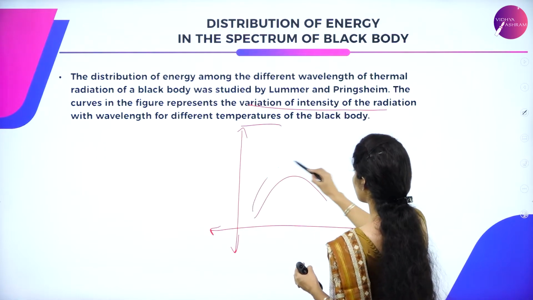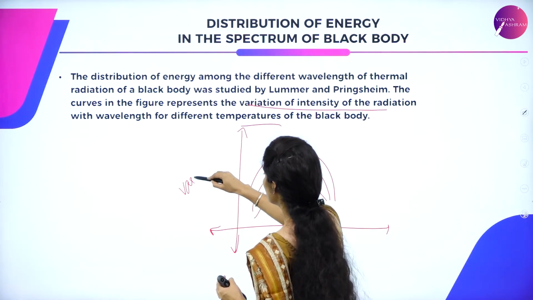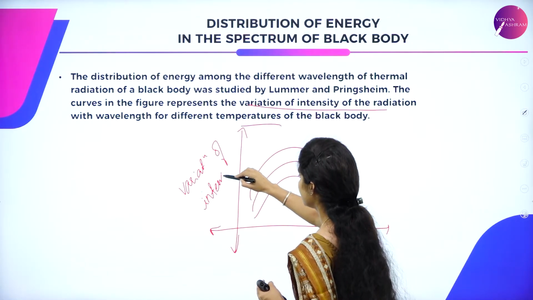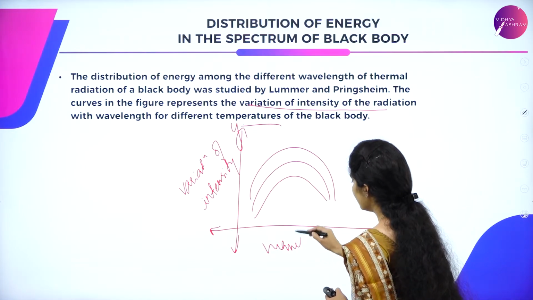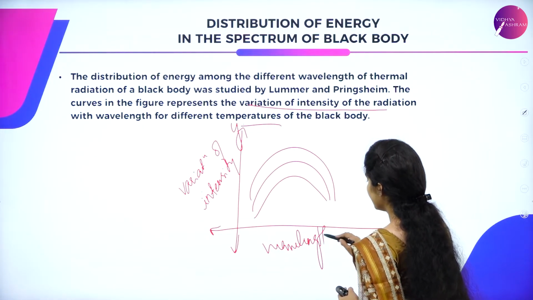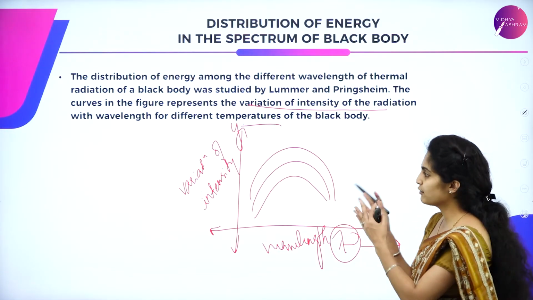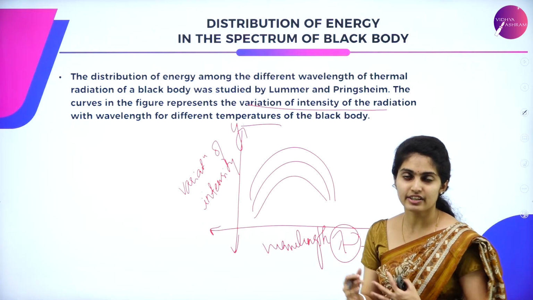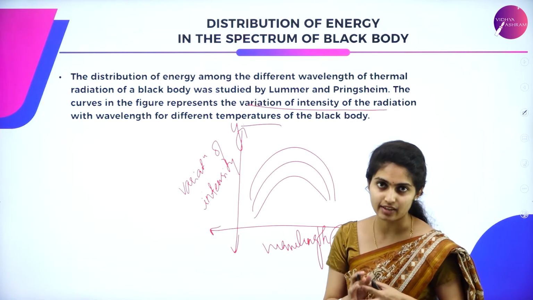Here the curves are given under two axes: the variation of intensity on the y-axis and wavelength, given by lambda, on the x-axis. So we have the intensity and wavelength relation given by the x and y axes, which we are going to study now.